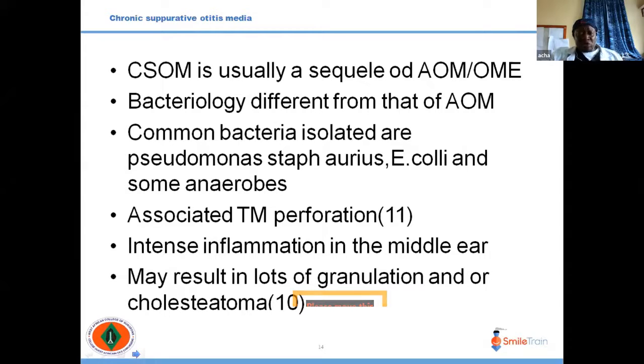So that is why we do a tympanoplasty. But I must reiterate here that when a patient has recurrent chronic suppurative otitis media, the reason why we do a tympanoplasty is not necessarily to restore the patient's hearing loss.